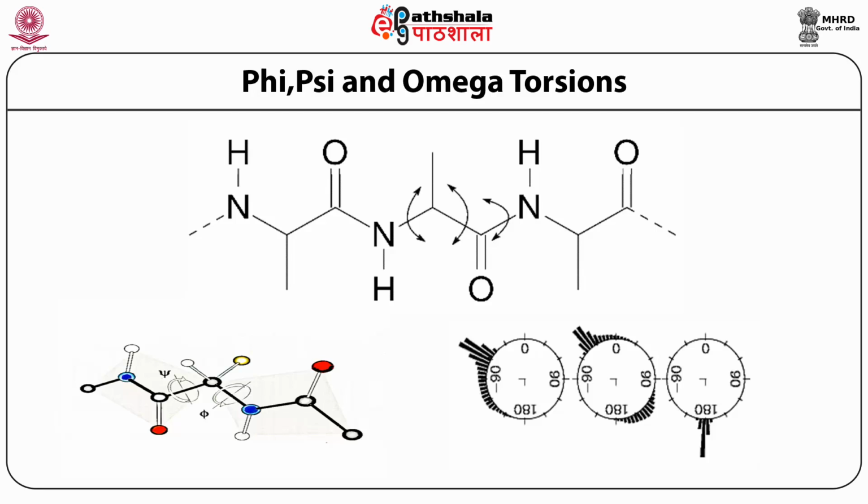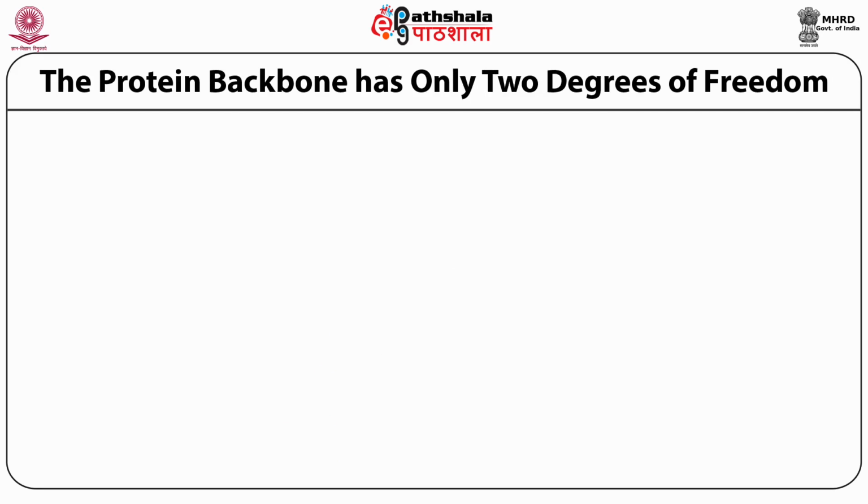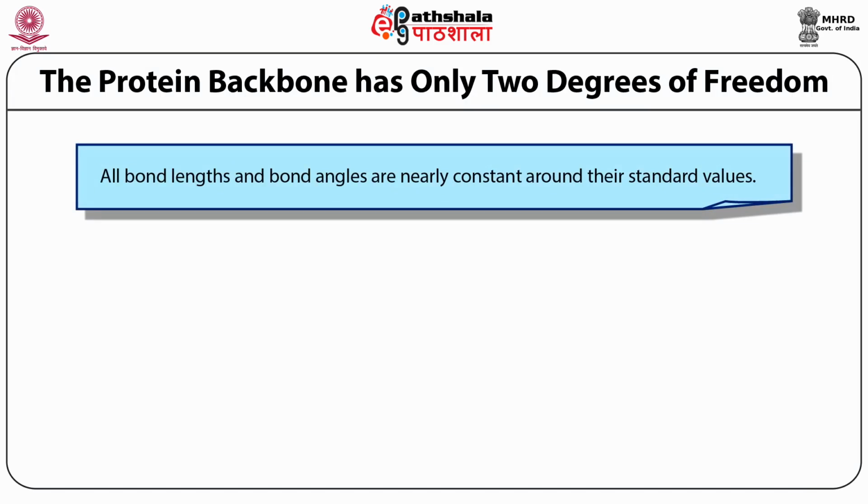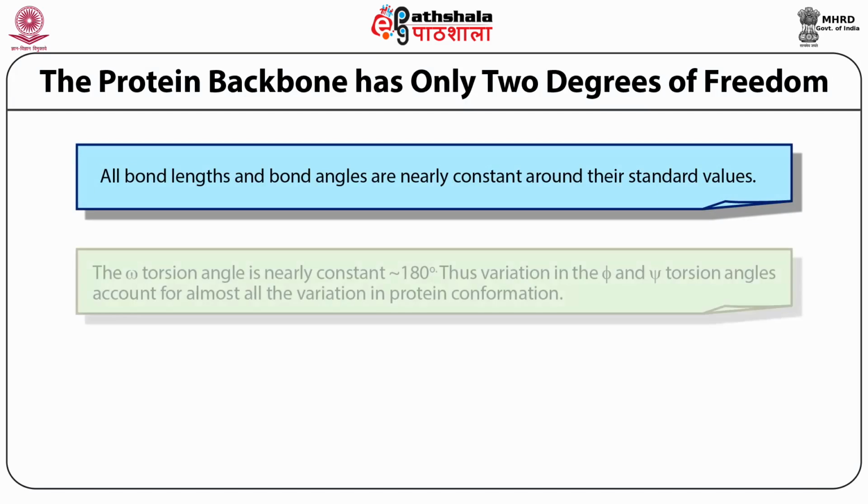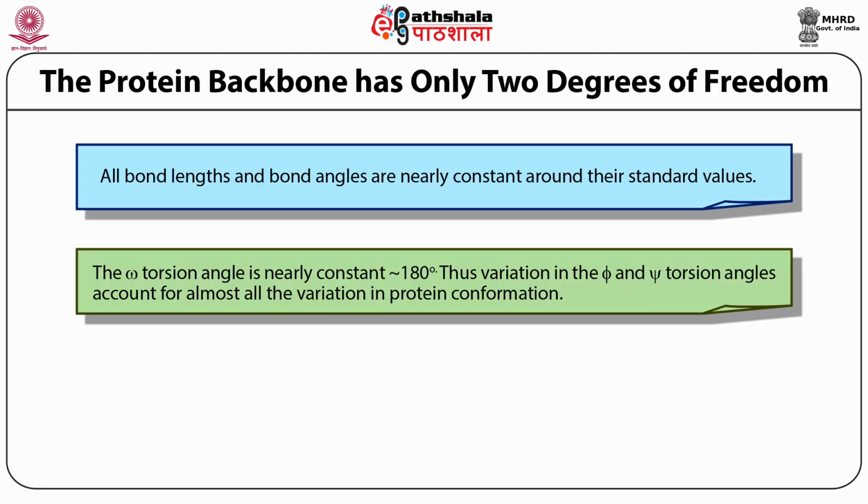If I plot the phi angle and the psi angle one against the other, to summarize what I said: the bond lengths and the bond angles are nearly constant at standard values as defined by the chemistry of the systems. The omega torsion angle is also nearly constant around 180 degrees. This we know because the peptide bond is trans.